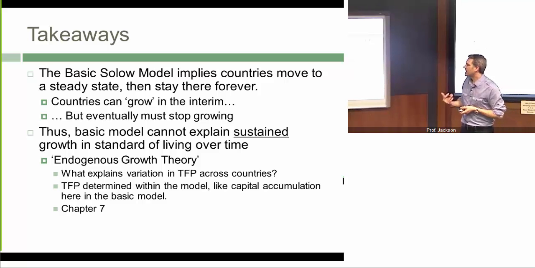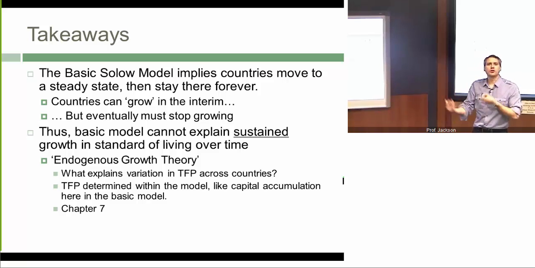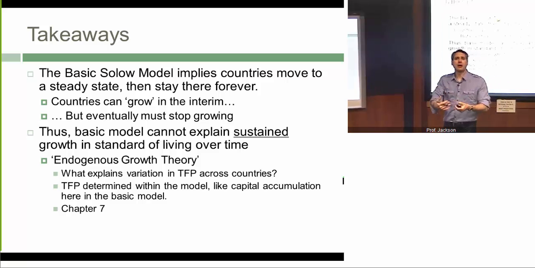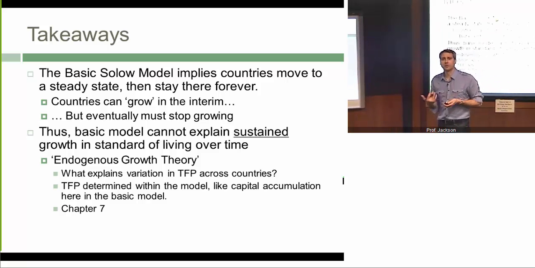In particular, the idea is not to assume that TFP is exogenous, but that TFP is determined within countries based on things like institutions, law and order, the effectiveness of courts, the ability to start businesses, and the infrastructure.